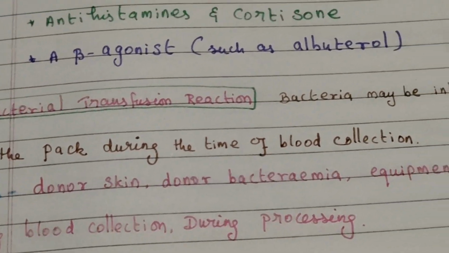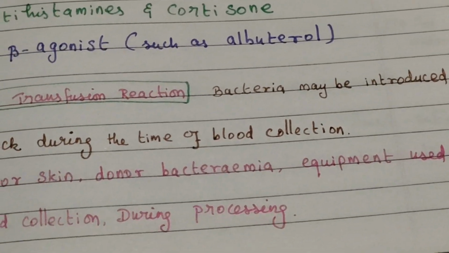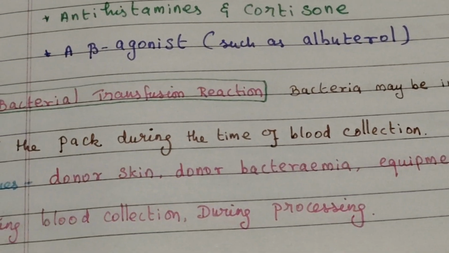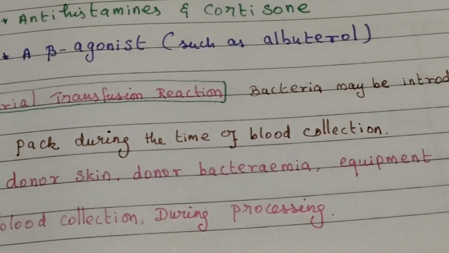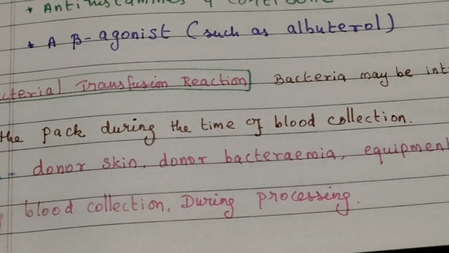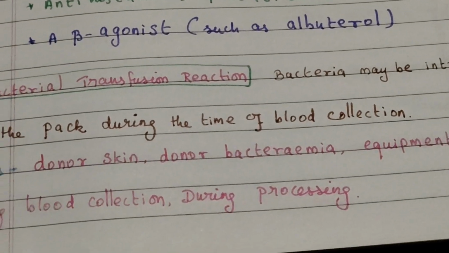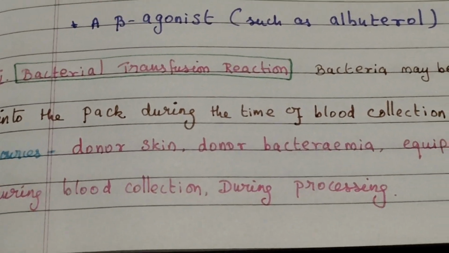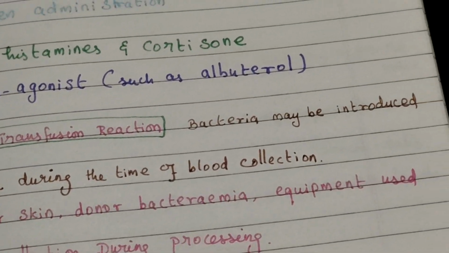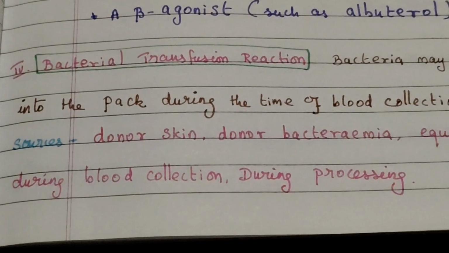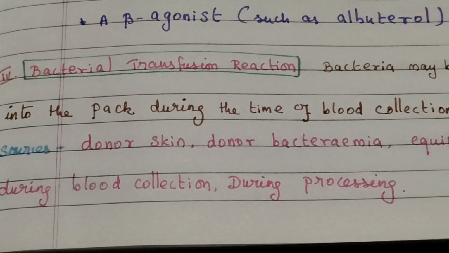Next one is bacterial transfusion reaction. Bacteria may be introduced into the pack at the time of blood collection. How will bacteria enter during blood collection? Sources: donor skin, donor bacteremia, equipment used during blood collection, and during processing.